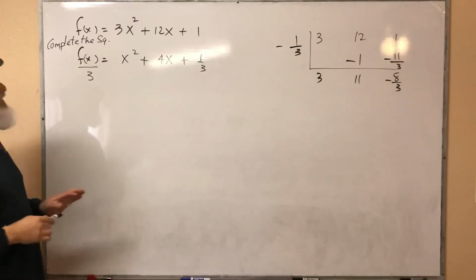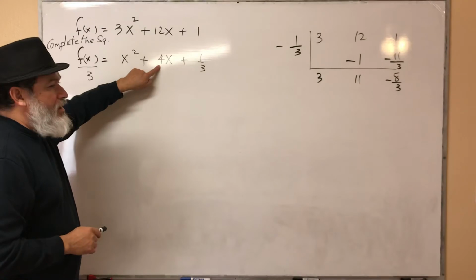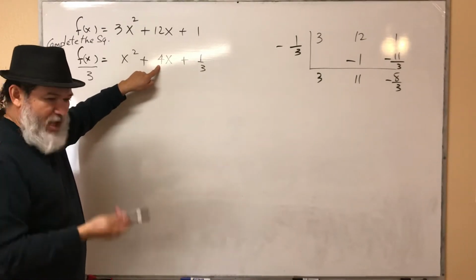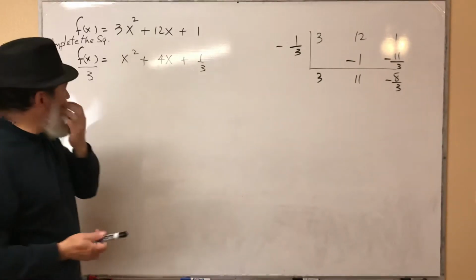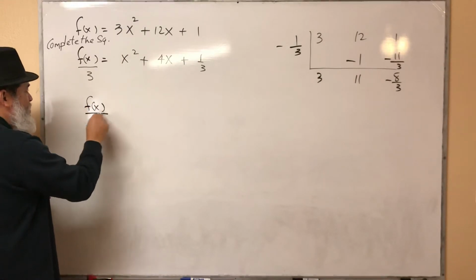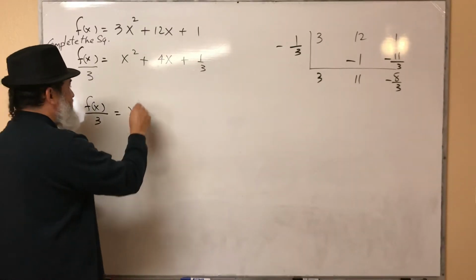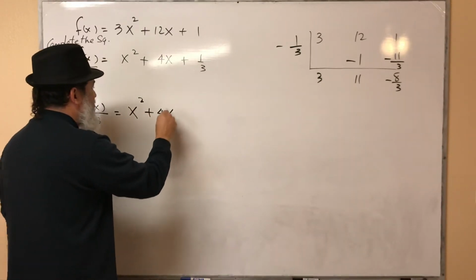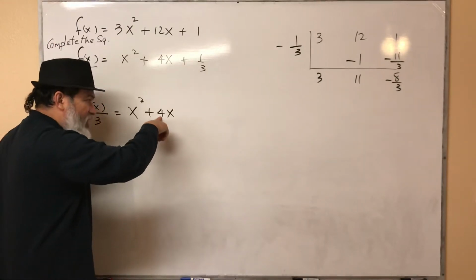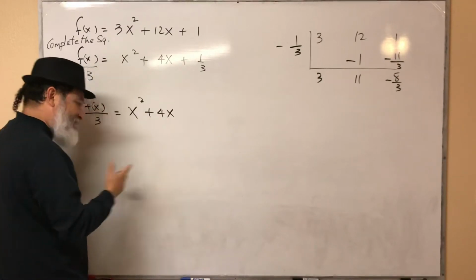Now, I'm going to take half of 4, square that, add it, and subtract it on the same side. How's that? Okay. So f of x over 3 equals x squared plus 4x. To complete the square, remember, I'm going to take half of the coefficient of the linear term and square that.